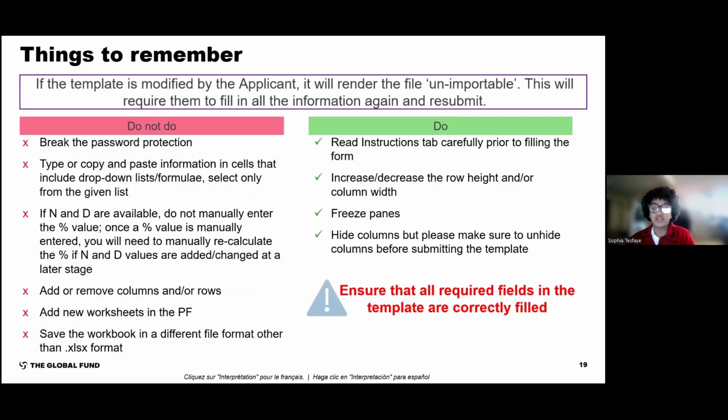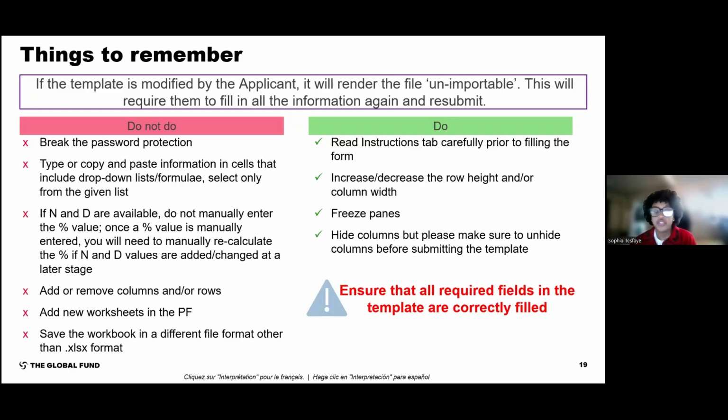Just a couple of things to remember while filling out the performance framework form. There's an instructions tab at the very front of the form. So all the information that I presented today in the slides, along with additional information on the other parts of the performance framework that have not changed, are all included in the instructions tab, and we encourage you to read those carefully prior to filling out the form.